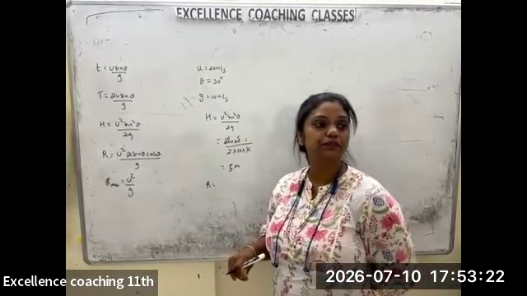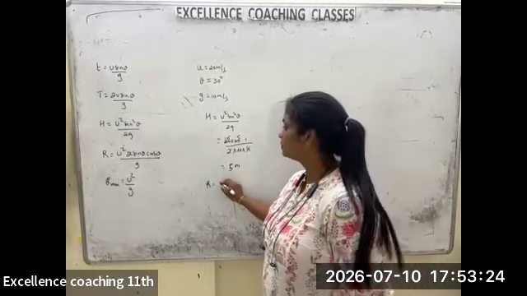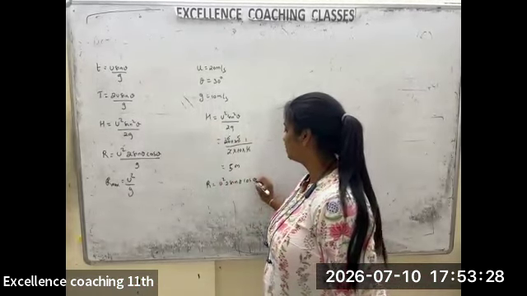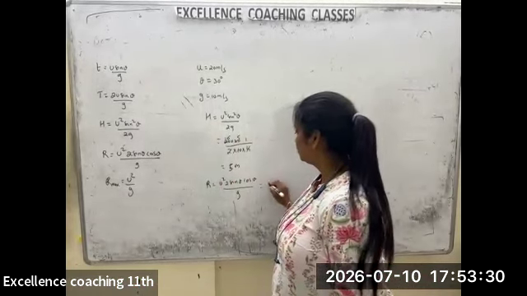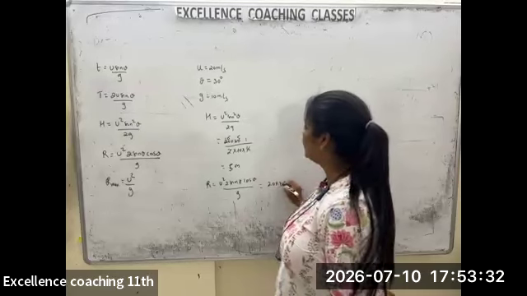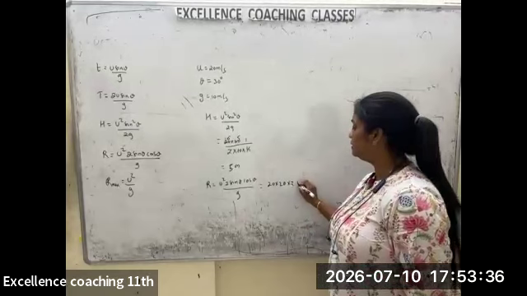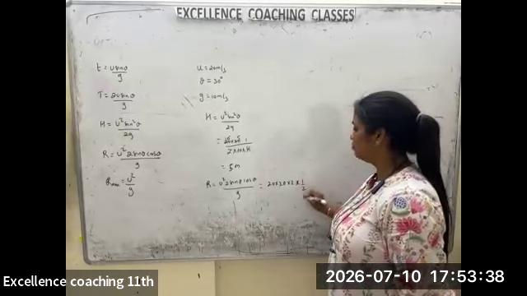Range is how much? So this will be 20 into 20 into 2. Sin 30 is half.